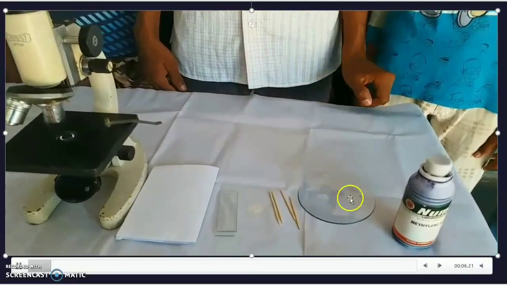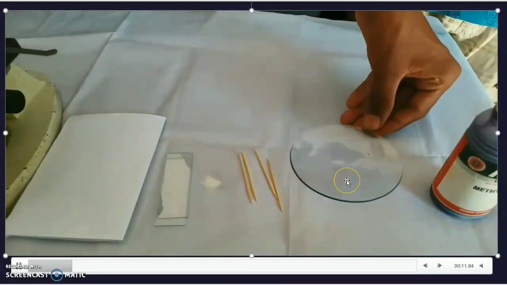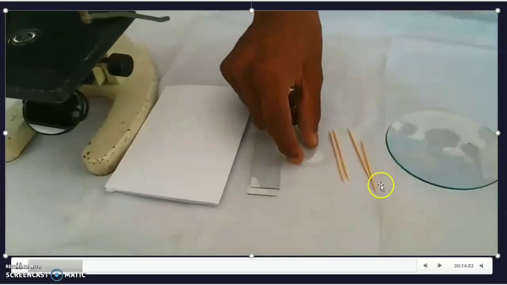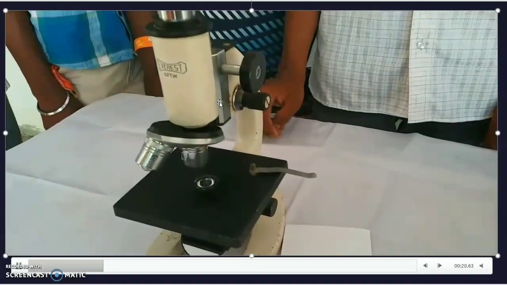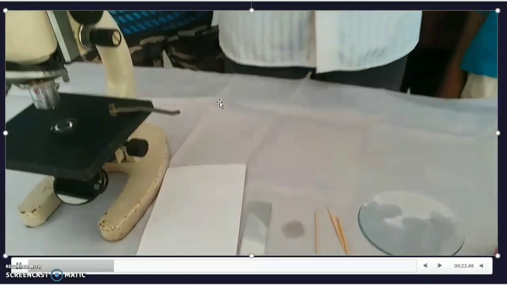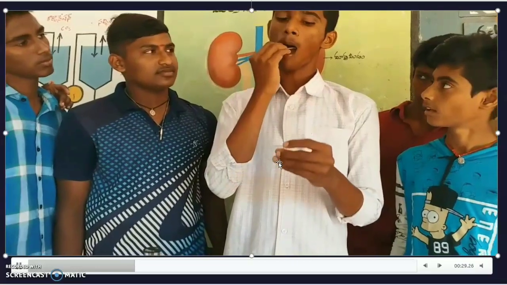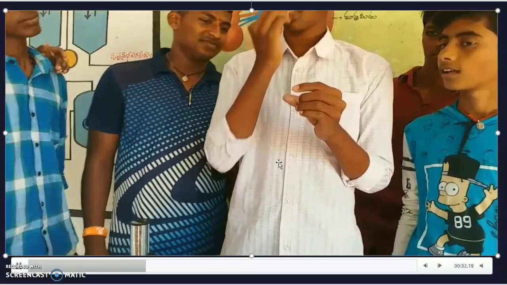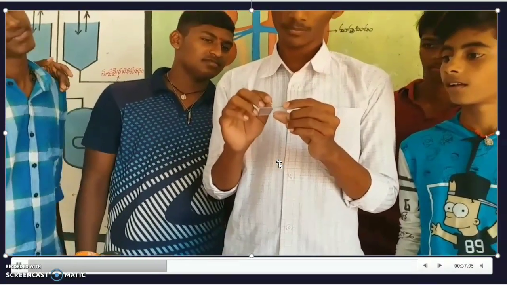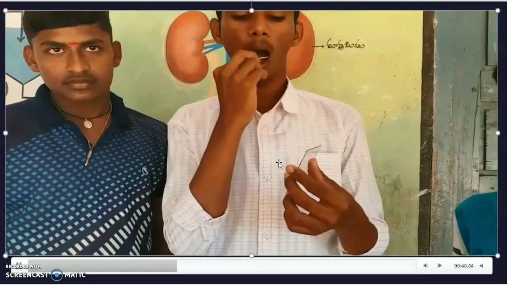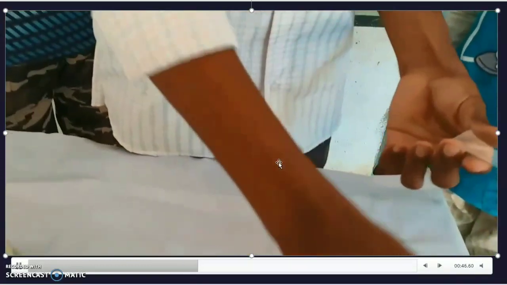For this, the materials required are methylene blue, watch glass with water, toothpicks, cover slips, slide, white paper, and microscope. Scrape the inner lining of the cheek very gently, otherwise your cheek will be damaged. Tap the toothpick on the slide.